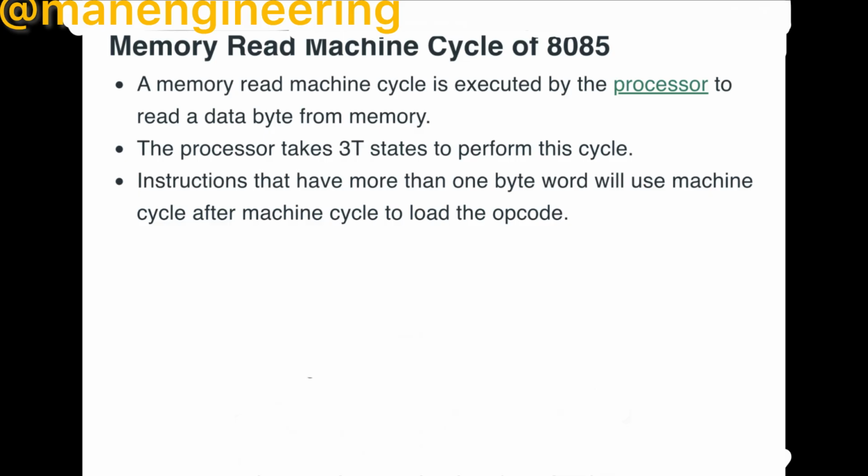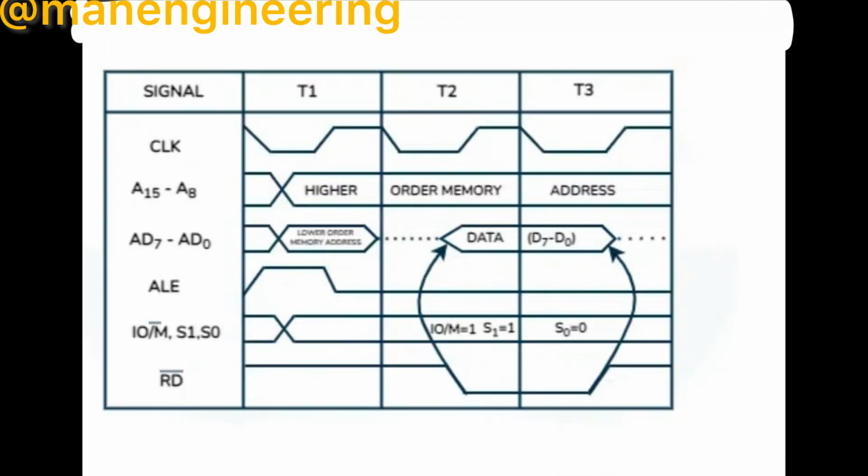Next we will see the cycle diagram. That is 3 states: T1, T2, T3, with the RD read signal, IO/M, and ALE shown.